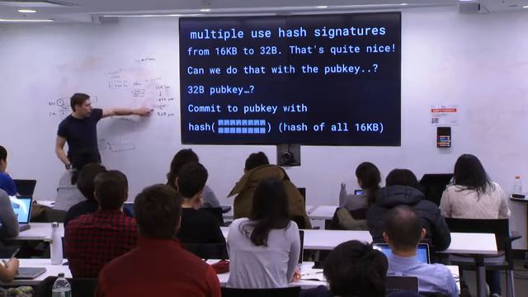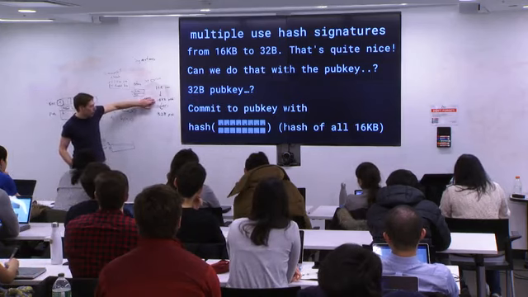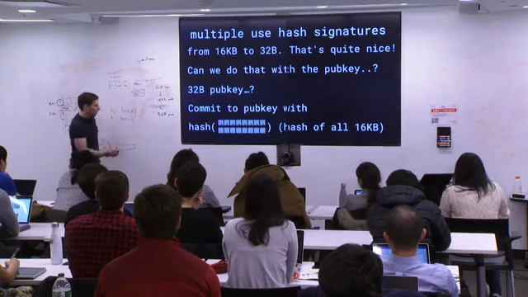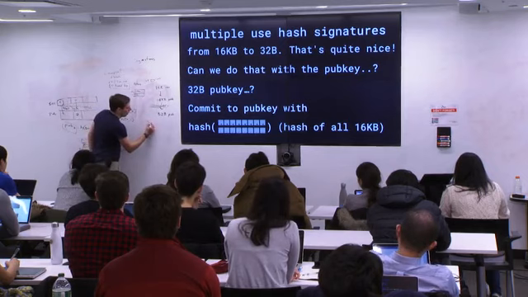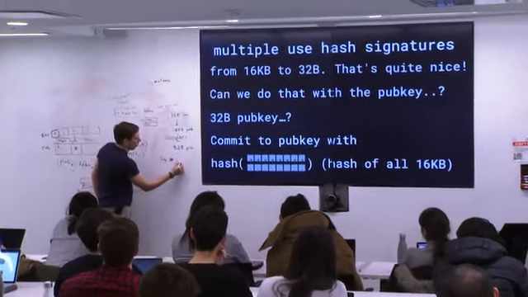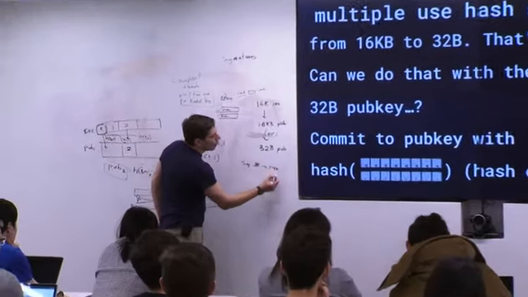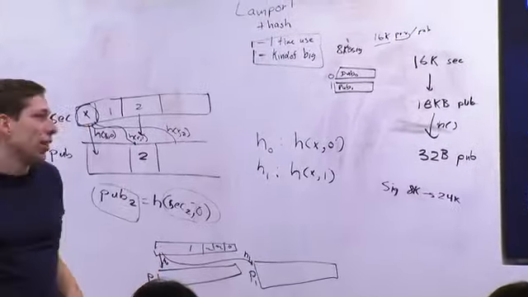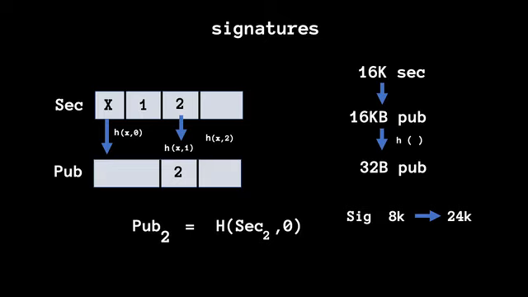In order for you to verify, I need to provide the whole original version of the pub key when I sign. So now my signature goes from 8K to 24K. So I haven't really made it more efficient, right? The total thing with public keys and signatures stays the same size, actually slightly larger.